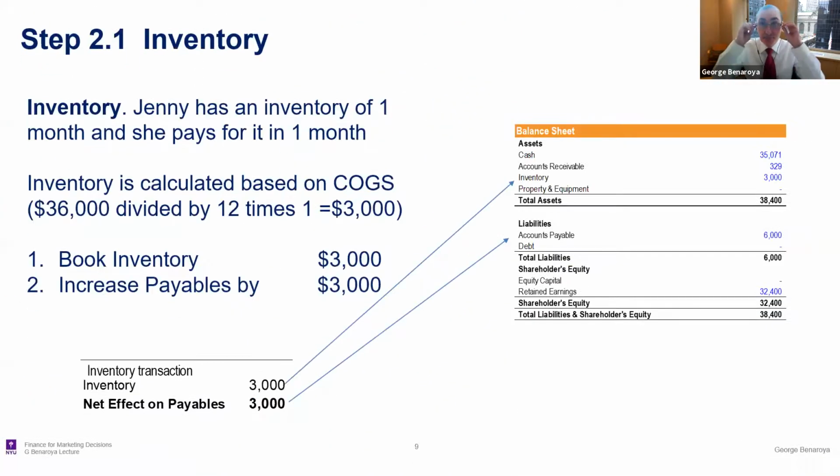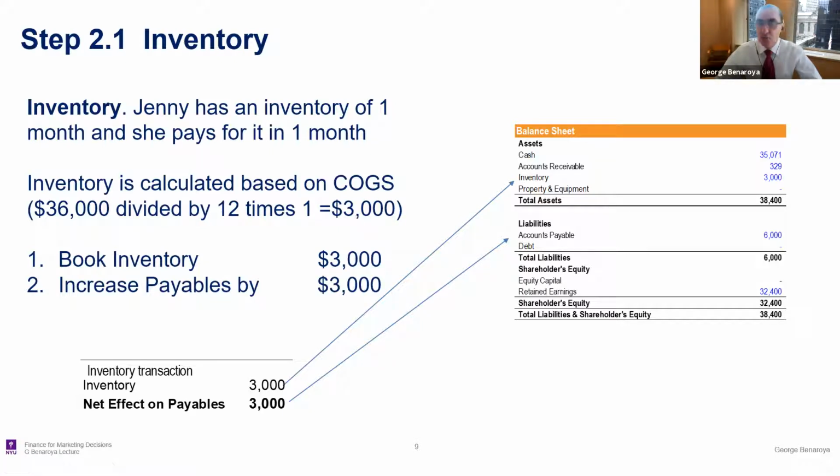Now imagine that you want to make it a tiny bit more sophisticated and you want to take into account inventory. So let's assume that she always keeps 1 month of inventory. So what we say is her cost of sales per year is $36,000. And if it's only 1 month of inventory, that would be 36 divided by 12, or $3,000.